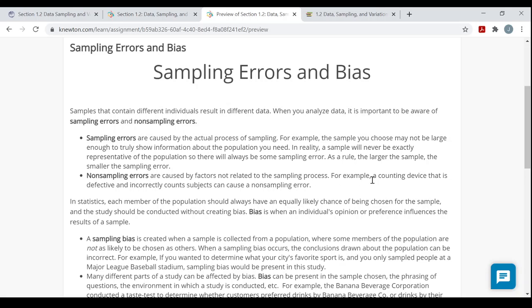Right? For example, a counting device that is defective and incorrectly counts subjects can cause, this is like machine error, clerical error, machine failure, the recording human error, like the way that maybe a person who was recording data accidentally threw in an extra zero or messed up the decimal point or whatever. Non-sampling errors.